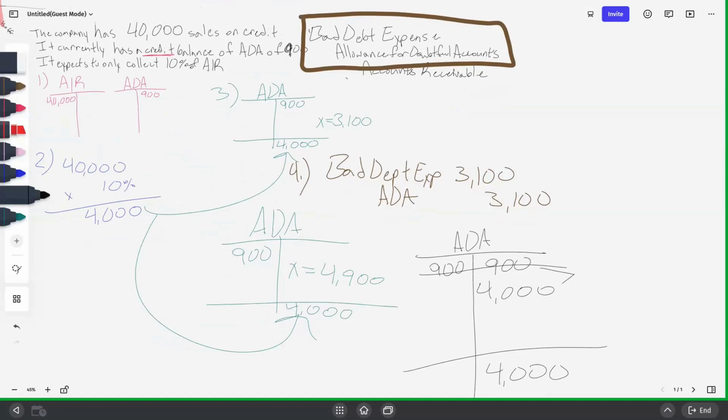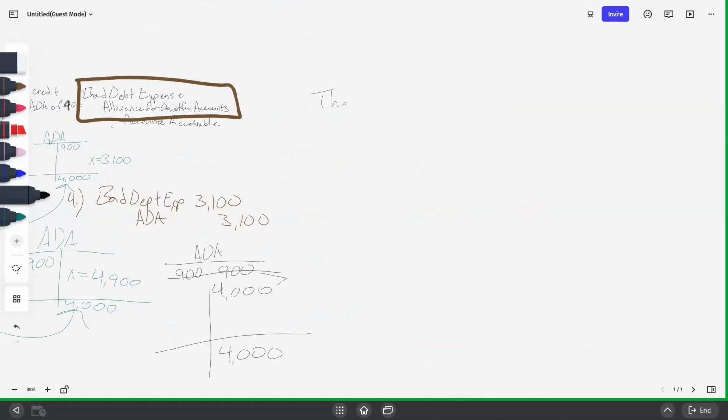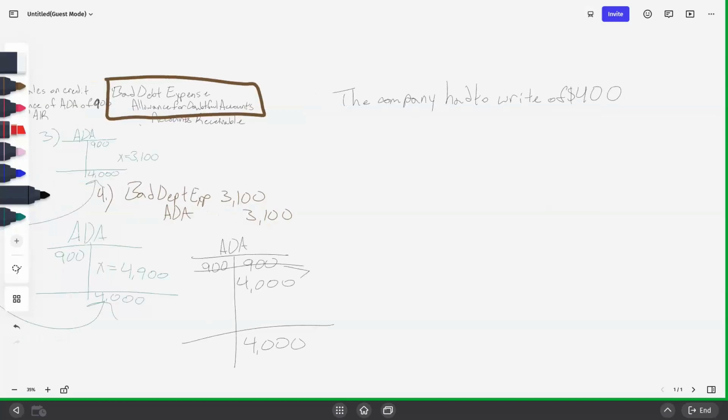A direct write-off question would technically just say something simple like, the company had to write off something. It might have some more flavor to it, but essentially you have none of the bone structure that this question has.